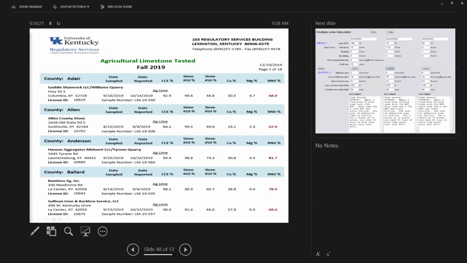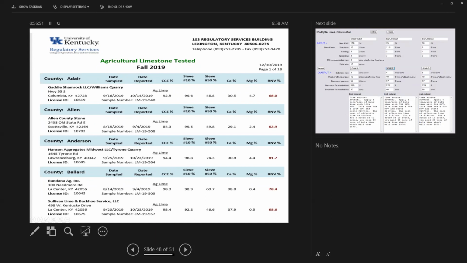We look at when it was sampled, the calcium carbonate equivalent, that's the purity, how much passed a 10 mesh sieve, how much passed a 40, and then here's our R&V, again purity times fineness. So this one has an R&V of 68.